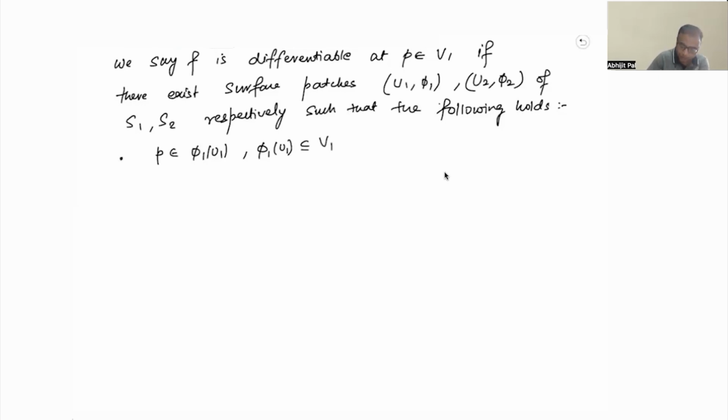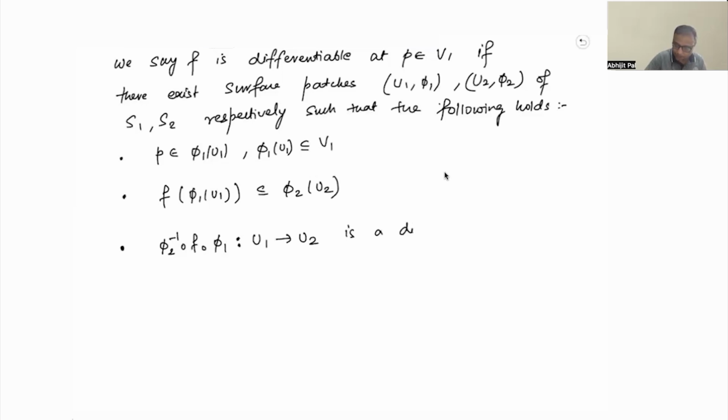Second, because this map f is continuous, f of phi1(U1) is contained in phi2(U2). And third, the composition phi2 inverse compose f compose phi1, a map from U1 to U2, is a differentiable map.